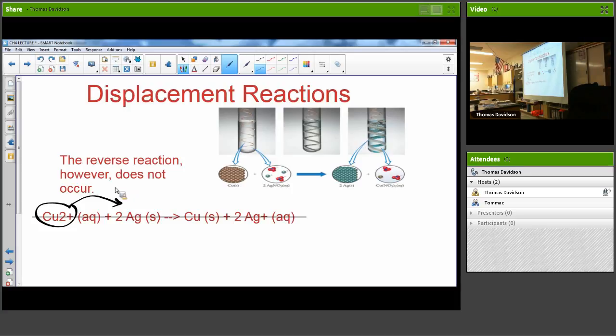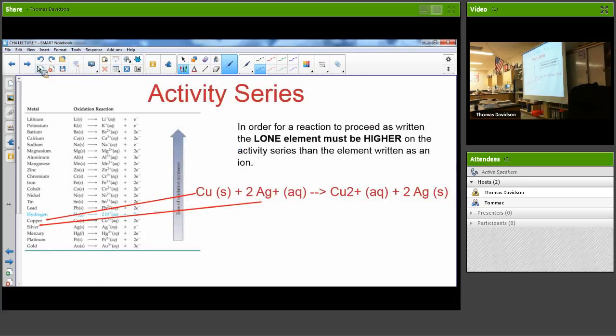All right. The way to know whether something works or not is to understand what we call the activity series. So the activity series is generally a list of elements in their oxidation reduction reaction, I should say, right here. Sometimes it'll even give numbers right here, which we'll learn in chapter 19 what those numbers are.